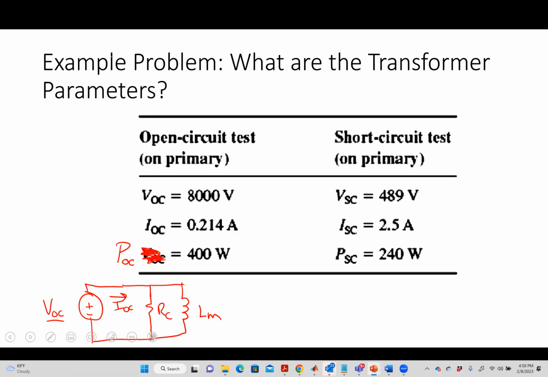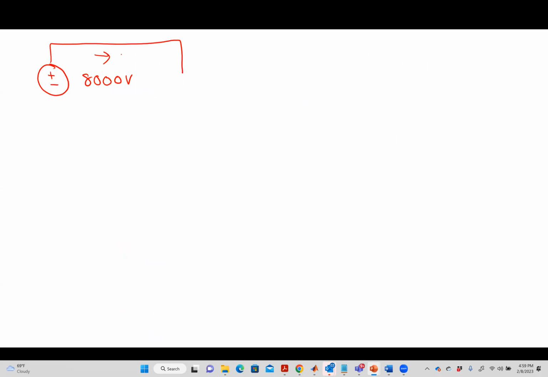All right, so here's the circuit we're going to analyze. I've been told that this is 8,000 volts, and I've got a current flowing into this that was 0.214 amps. So I know the magnitude of this current is 0.214 amps.